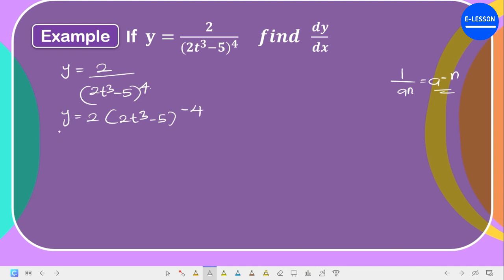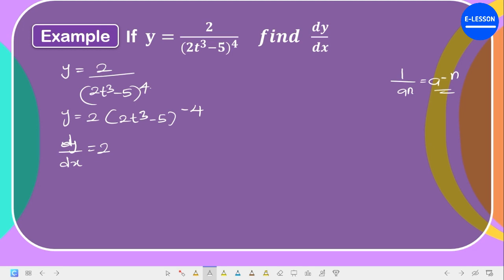Now, to find dy/dx, what do we do? First of all, write our constant 2, differentiate what is in the bracket, multiply it by the power, write what is in the bracket, and subtract 1 from the power.